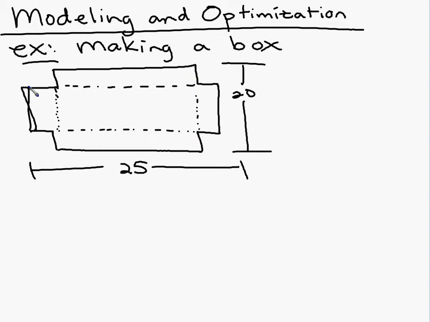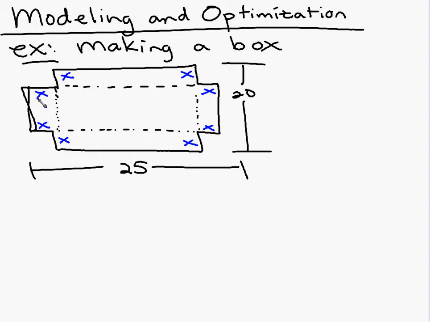Well, one thing that you need to notice is that we're cutting out squares. My picture's not great, but we are cutting out squares. So what we're cutting out, we'll just call that x. And all of those distances are the same. We're going to cut out the same square on every corner.